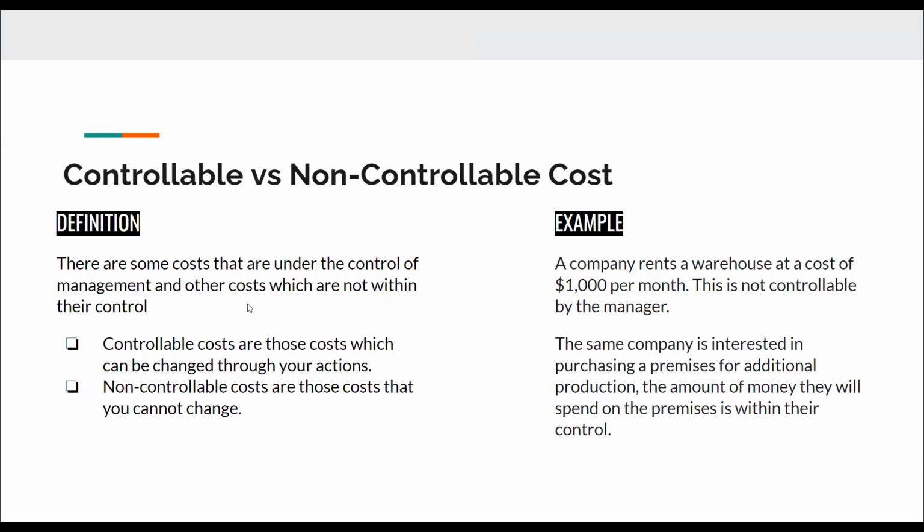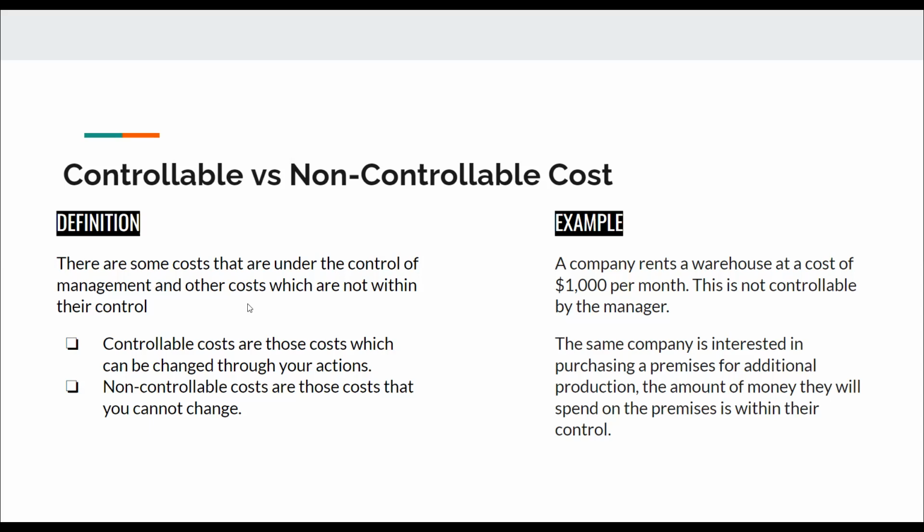So an example: a company rents a warehouse at a cost of $1,000 per month. This is not controllable by the manager. You would have signed a contract and you are obligated to pay $1,000 per month if you're renting the warehouse. The same company is interested in purchasing premises for additional production. The amount of money they will spend on the premises is within their control, right?